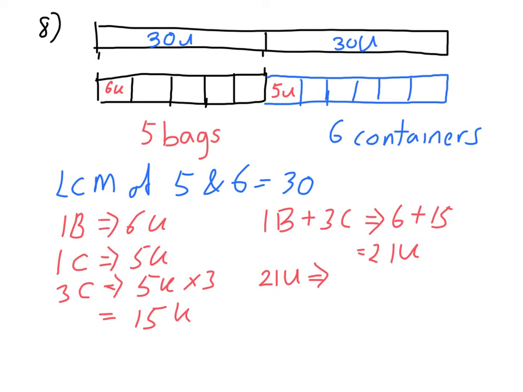Very good. Can you all see it? Because it's the number of lemons in one bag and 3 containers. So 21 units is equal to 63 lemons. 1 unit is equal to 63 divided by 21. That will be 3 lemons.